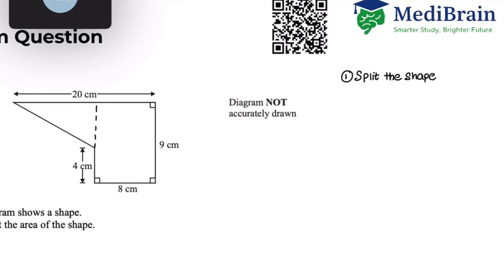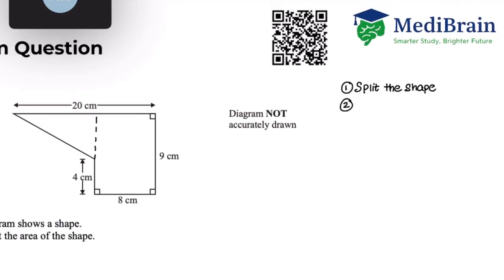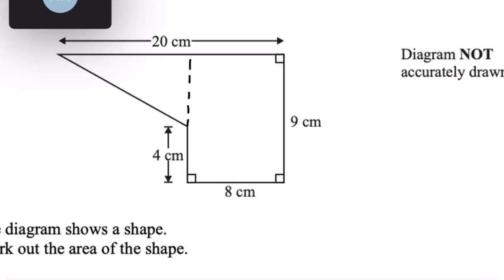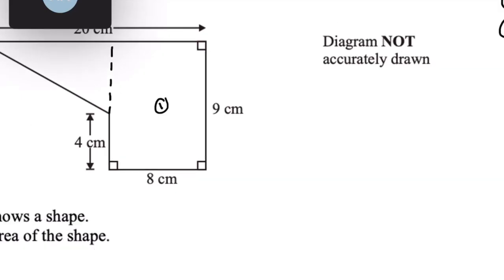Then what we're going to do is find the areas of each shape. So over here, let's work out the area of this rectangle first.